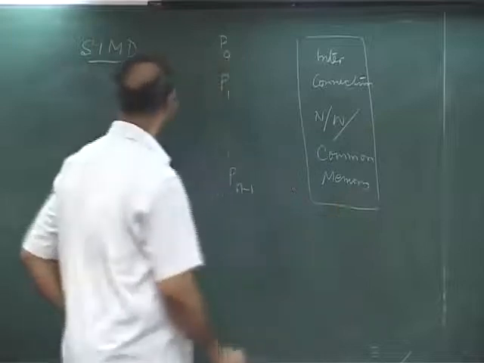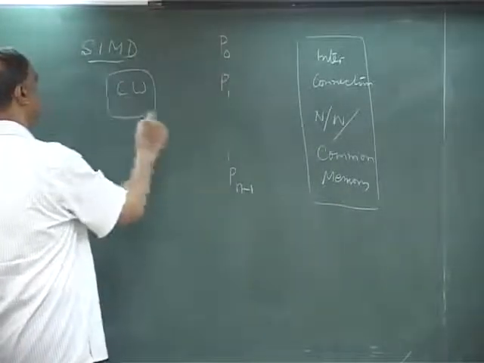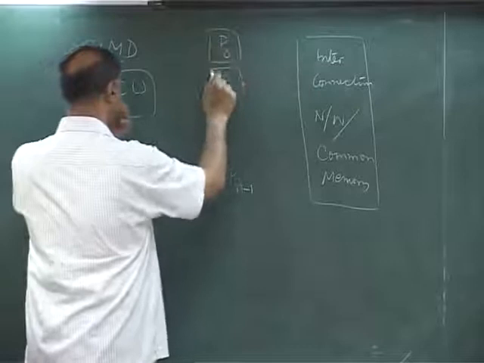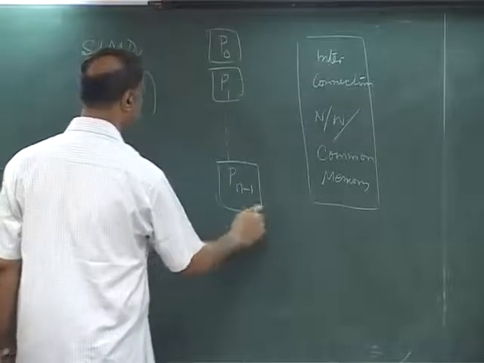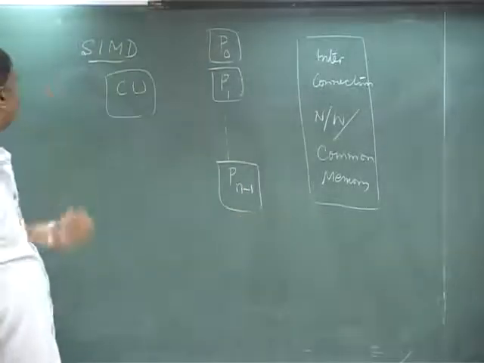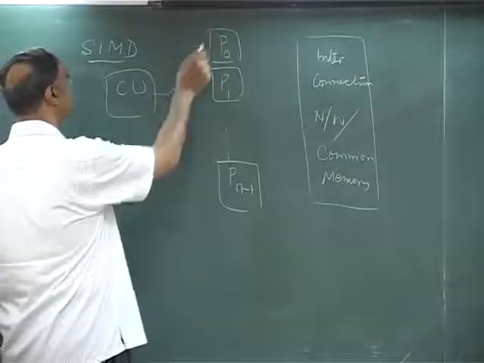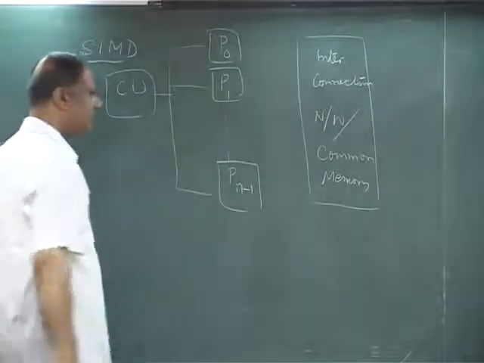So you have one control unit and several processors. The control unit broadcasts the instructions to different processors.